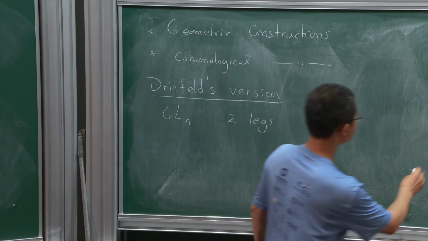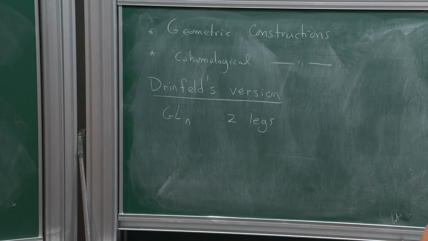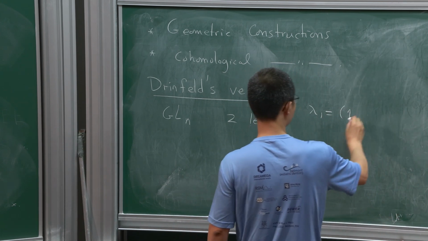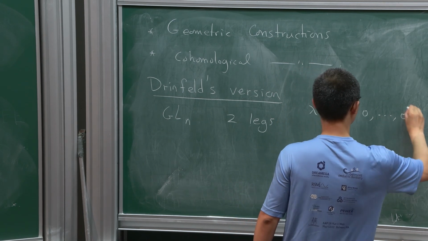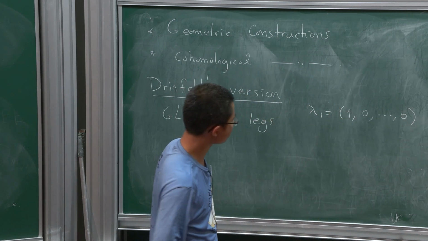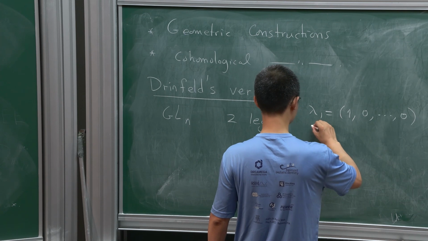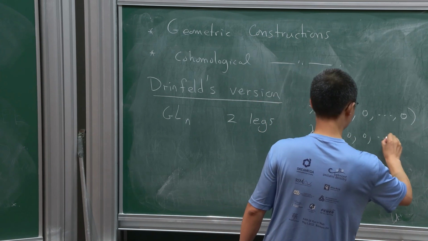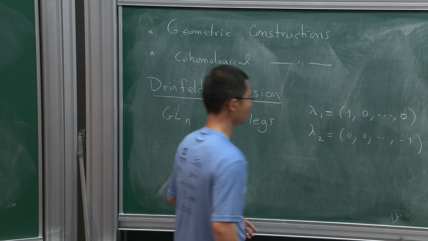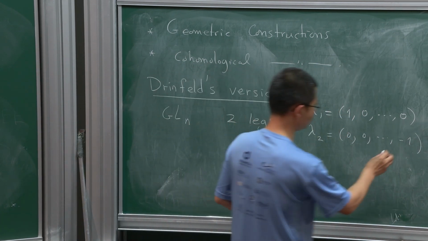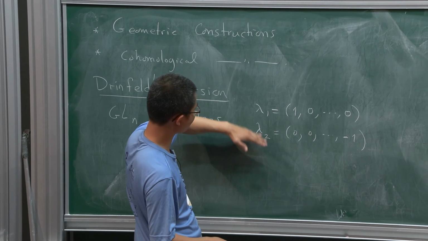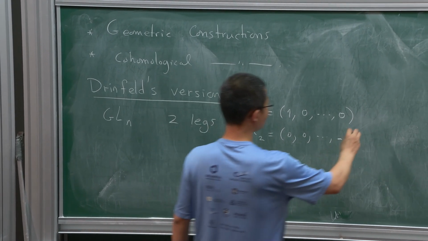So recall from yesterday, we have to choose a dominant co-weight for each leg. For GLN, I choose this, the first fundamental co-weight. And then in some sense, this lambda 2 is the dual of lambda 1.